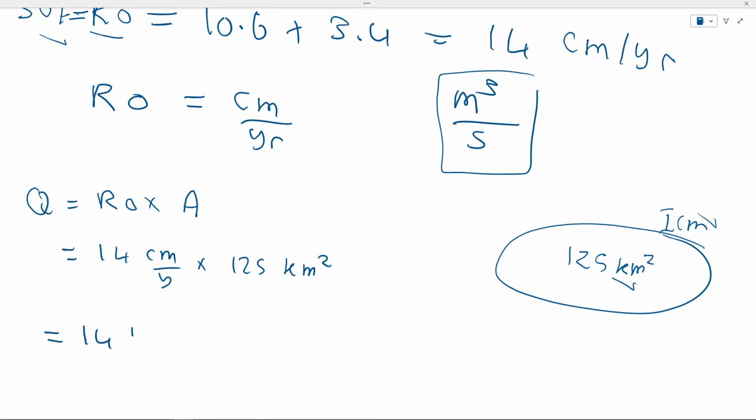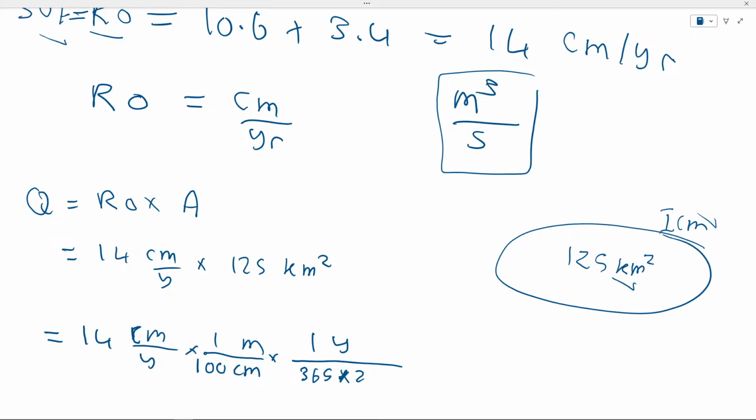Let's get rid of the centimeter first. I know that each 100 centimeter has 1 meter in it. So now I get rid of the centimeter. How do I get rid of the year and convert this to second? I know that 1 year is equal to 365 days.